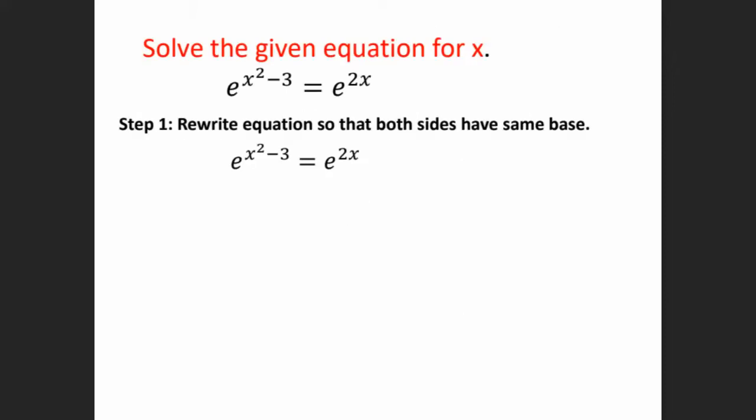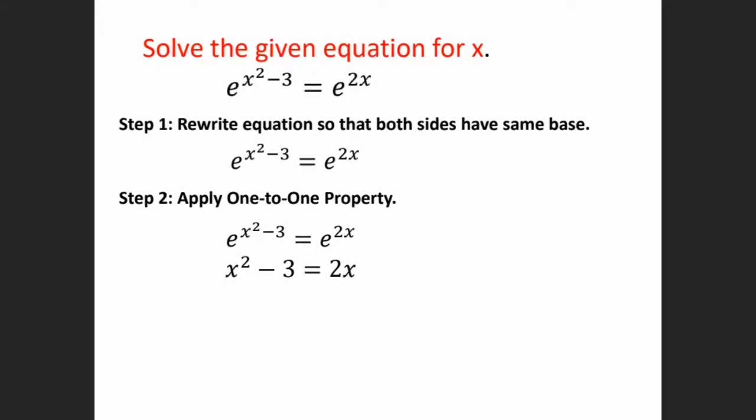All right? So let's solve some natural exponential equations using some of our properties. Again, we can see that we have two exponential equations that have the same base. They both have a base of e. So for these two expressions to be equal to each other, our exponents also have to be equal to each other. So I'm going to set the exponents equal to each other. I'll have x squared minus 3 is equal to 2x, and then I'm going to solve for x.